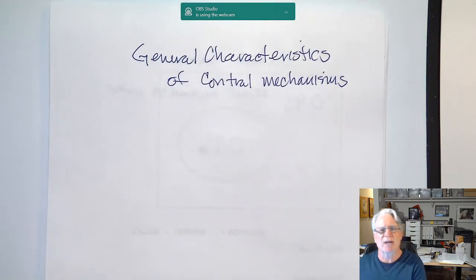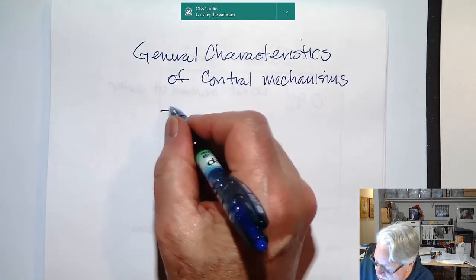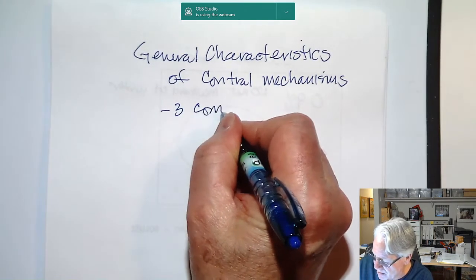So we're going to describe this in a general way, and then we'll get a little bit more specific about those general characteristics. Okay? So in order to control any variable, and I don't care what variable that is, if it's the room temperature, it doesn't matter, or if it's the pH of the blood, it doesn't matter. You need three components in order to get this job done.